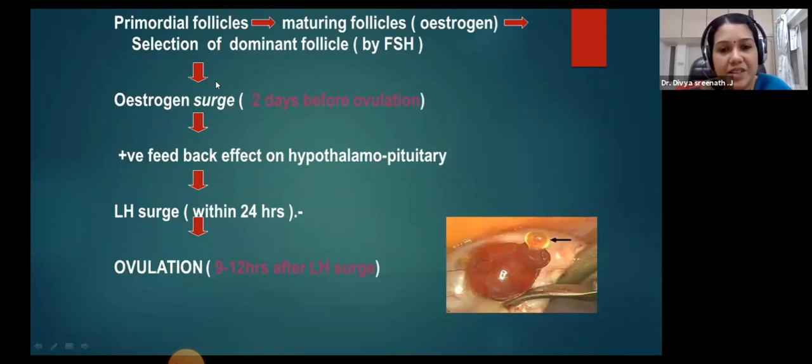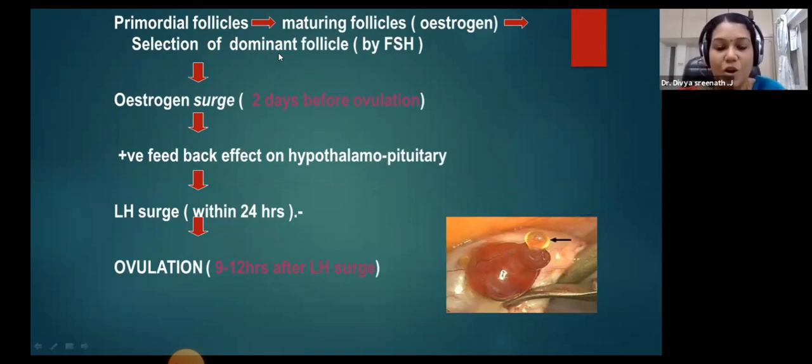When the dominant follicle is selected and is producing enough estrogen, a sustained level of estrogen gives positive feedback to the hypothalamus, signaling that it has enough estrogen and has grown to a particular size.